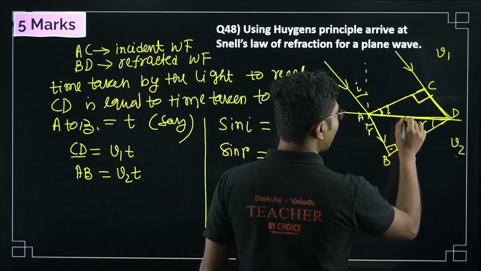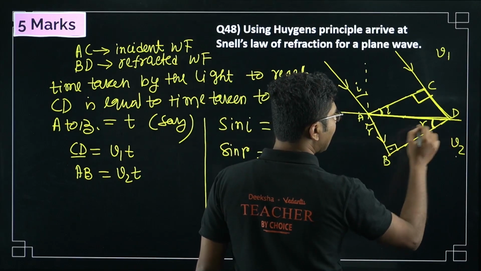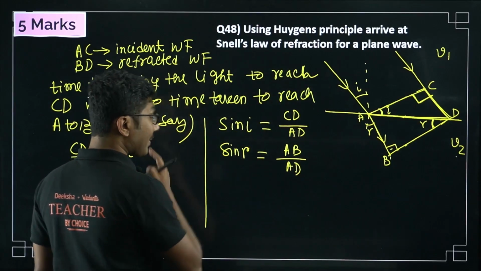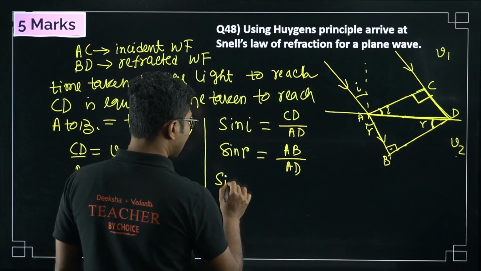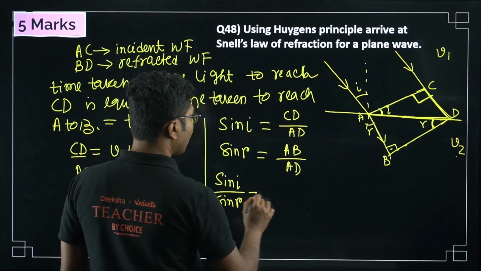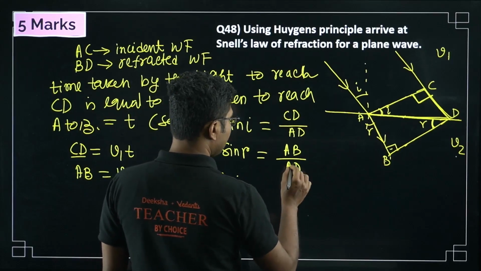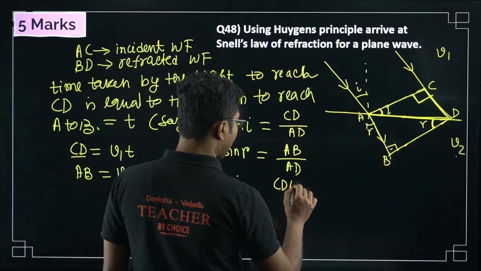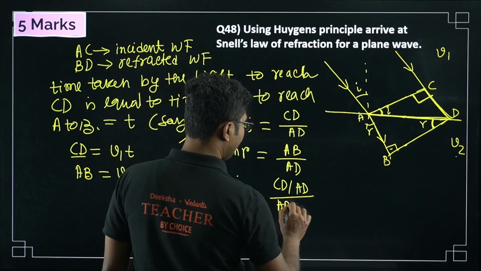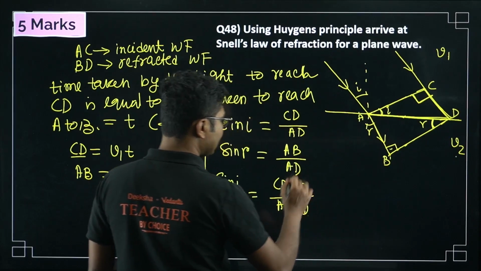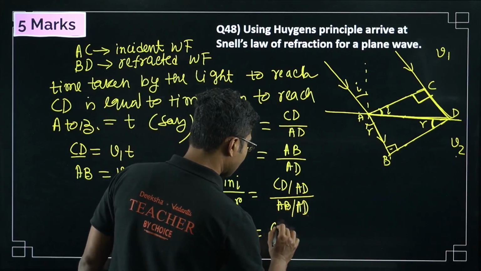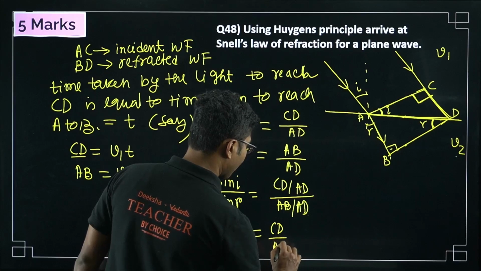This angle is 90 degrees, so hypotenuse is same. Now this is the angle R, that means AB will be the perpendicular. Now sin I by sin R equals CD by AD divided by AB by AD. So both have AD common. So AD will cancel. You will get this equals CD by AB.